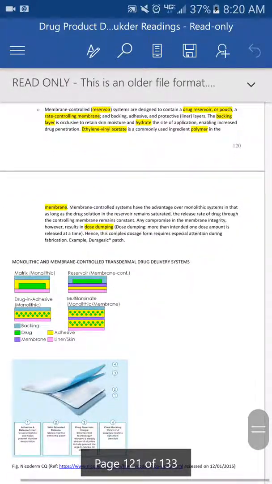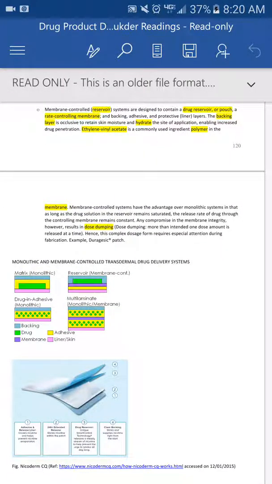Membrane control reservoir systems are designed to contain a drug reservoir or a pouch, a rate-controlling membrane, a backing, an adhesive, and a protective liner, all in layers. So lots and lots of layers, just like before. The way this is a controlled system is you have a reservoir of the drug, okay?